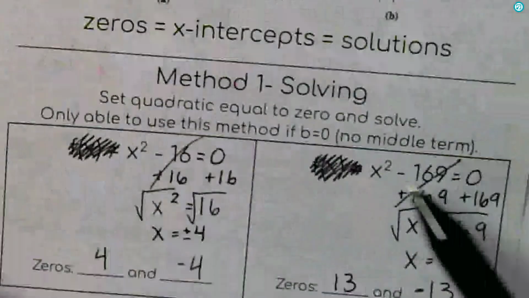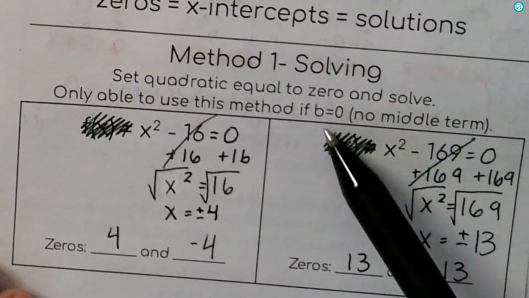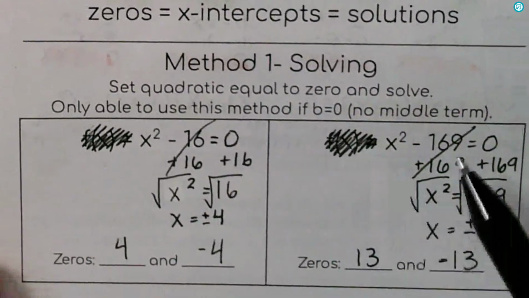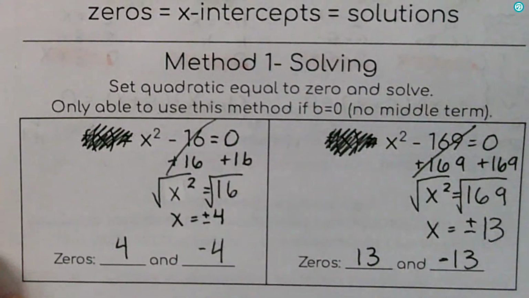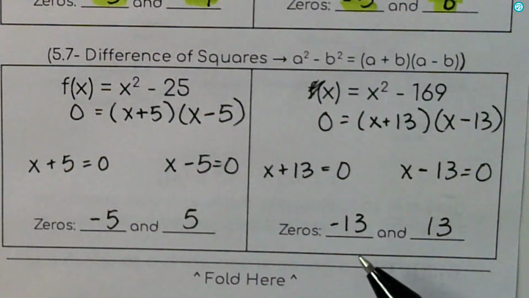Or you can solve them. See how I got the exact same thing? So when I don't have that middle term, I can solve it like this. Or I can do difference of squares, factor it, and solve it like this. So whichever one you prefer when it lets you pick, you may do.